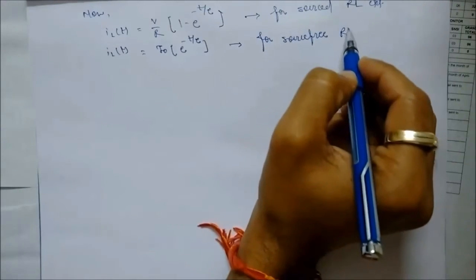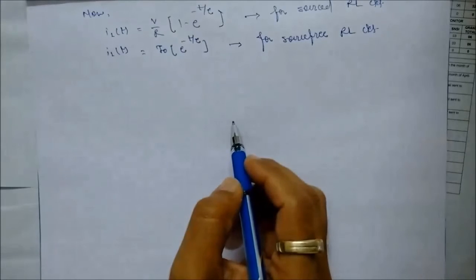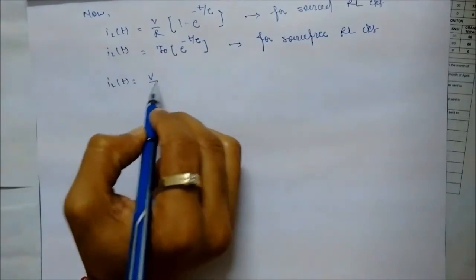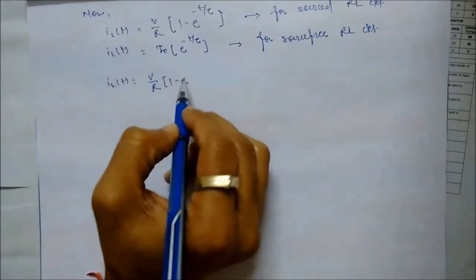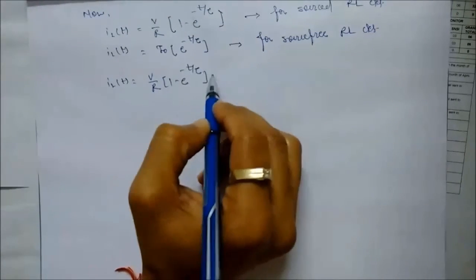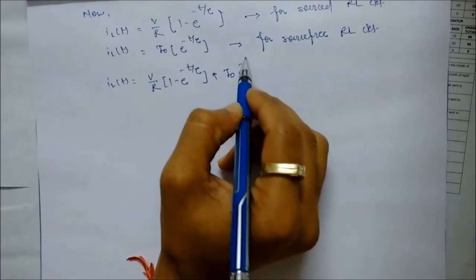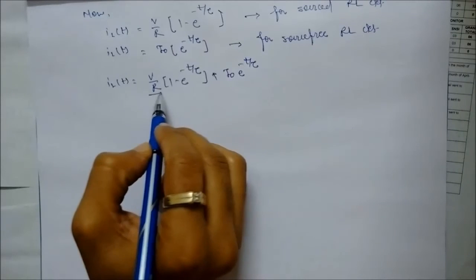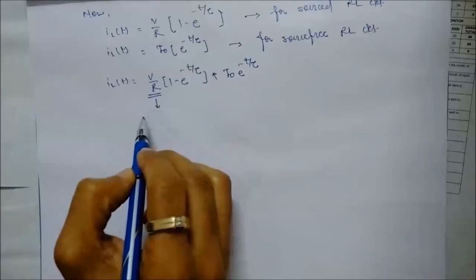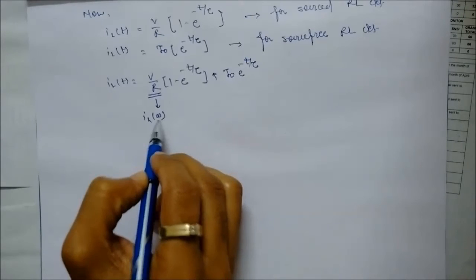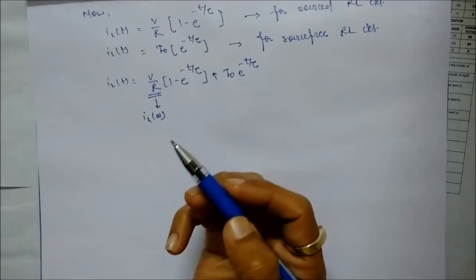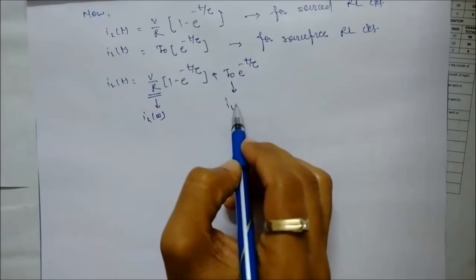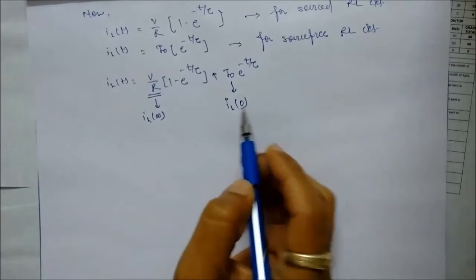Now combining the two equations, we get iL(t) is equal to V upon R into 1 minus e to the power minus t upon tau plus I0 e to the power minus t upon tau. In case of sourced RL circuit, what is the V upon R value? It is nothing but iL infinity, that means the current in the sourced RL circuit in steady state, and I0 is the iL at 0, that means the initial value.